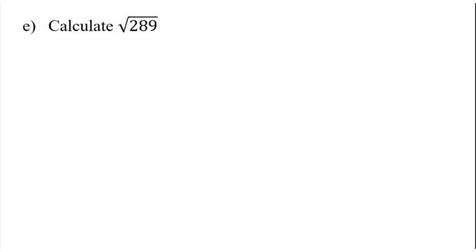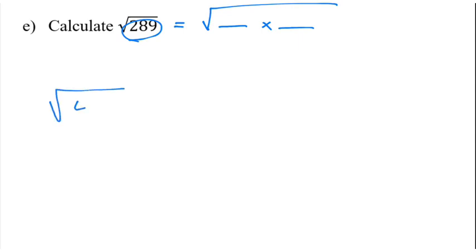Now if I want to find the square root, the square root means what number when multiplied by itself is equal to 289. For example, if I had the square root of 4, that's the same as asking what is 2 times 2. 2 times 2 is 4, so the square root of that would be 2. We want to do the same thing for 289.